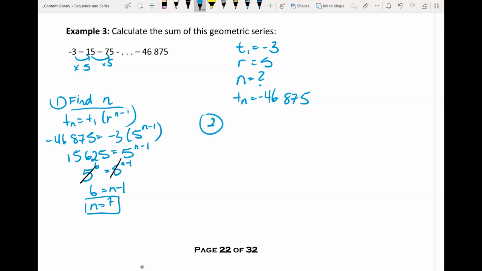Now that we know what n is, I can use our formula to find the sum of the first 7 terms.